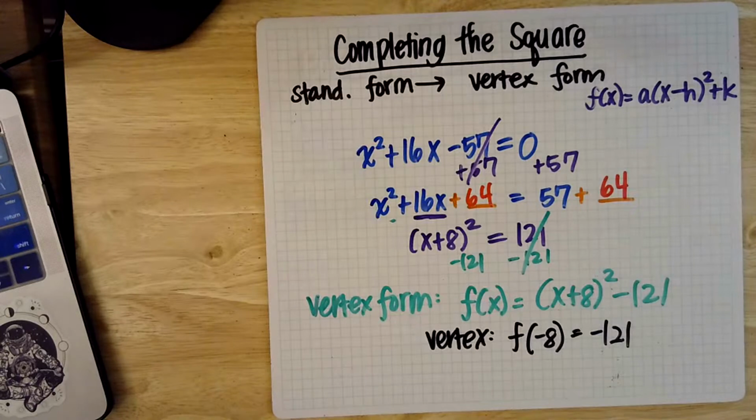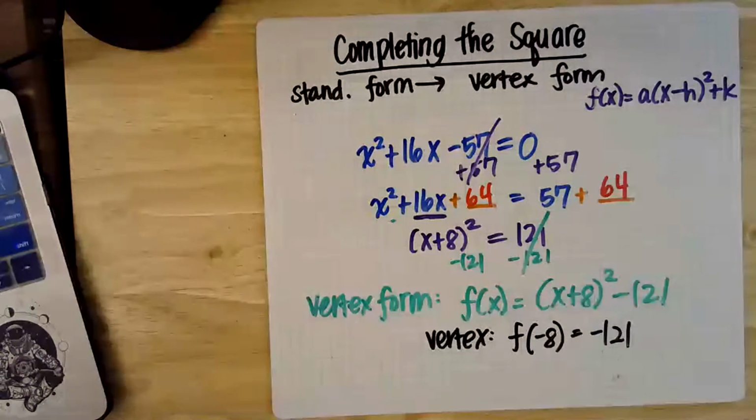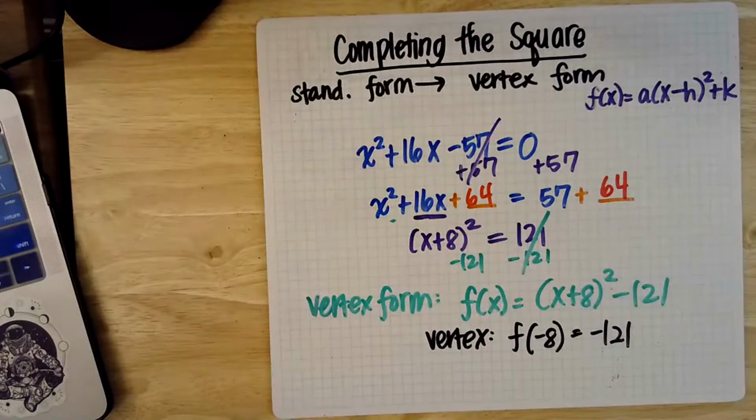And making sure my window has capacity, I'm going to go negative 10, 8, 1, and negative 150, 50, 2 tens. So I'm going to showcase.